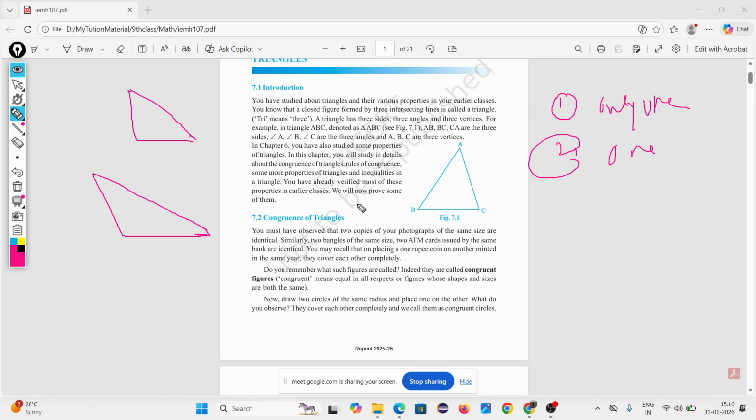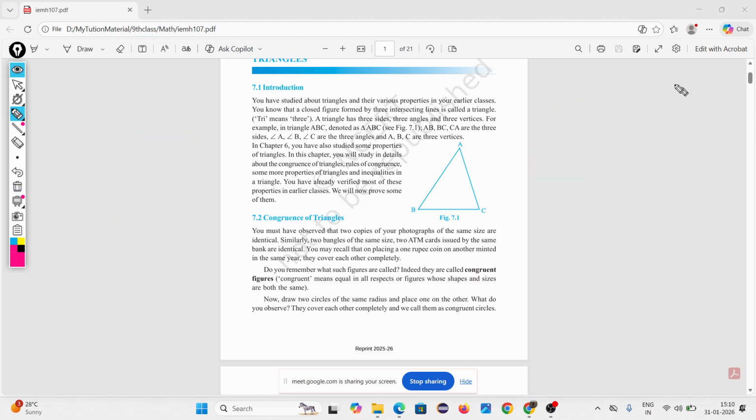Then the next thing is median. Do you know what median is? Suppose it is a triangle ABC.